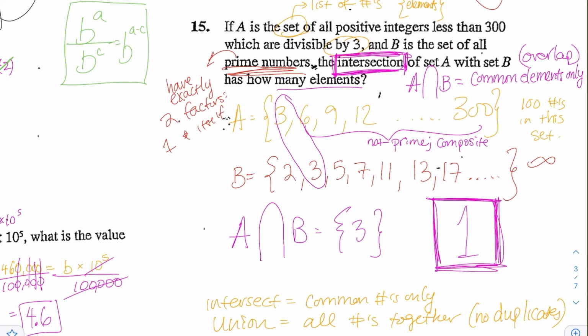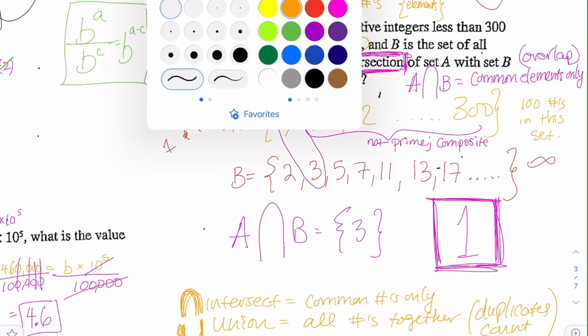You only count once. So duplicates only count once. So that's the other thing that you might see. The symbol for intersection is this upside down U. A union is an actual U. So don't get those two mixed up.